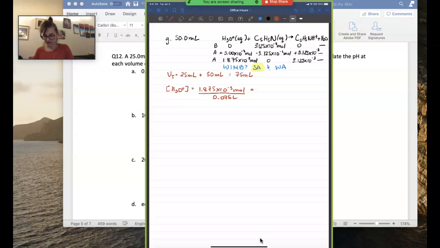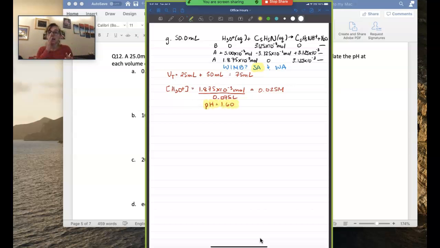Let's see real quick. And divide it by 0.075, you should get 0.025 molar. And then to find the pH, you would take the negative log of that and you would get 1.60.